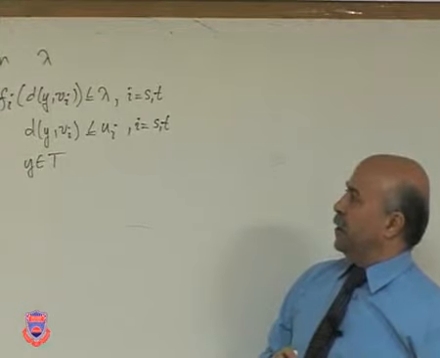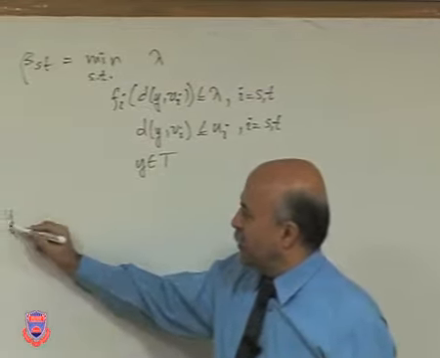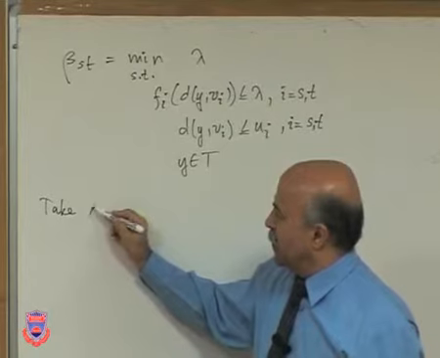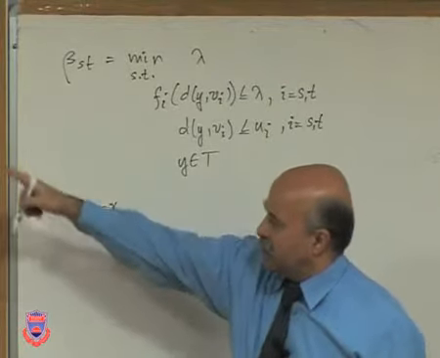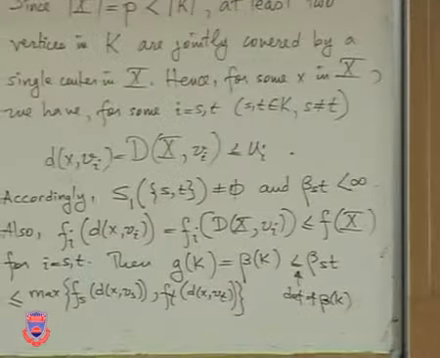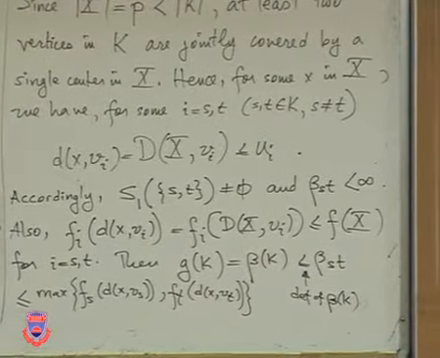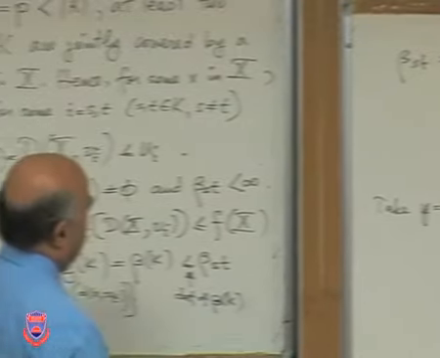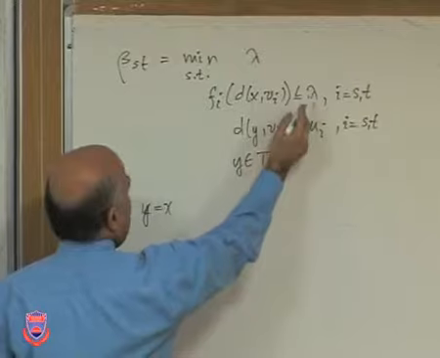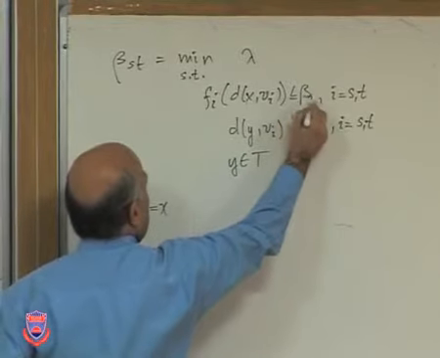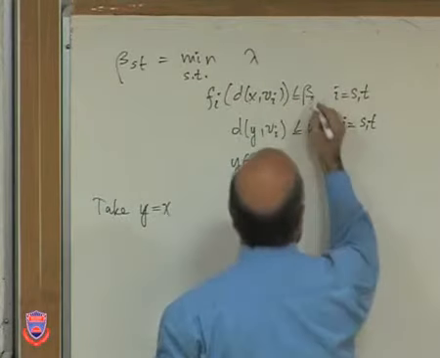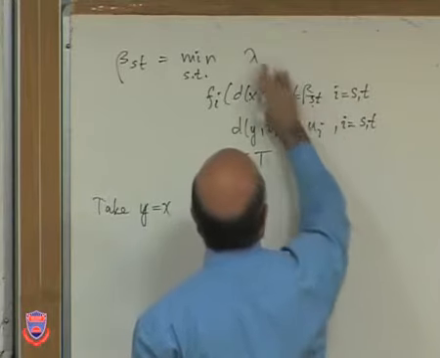So here, when you take y to be x, where x is the particular x that I have under consideration, then, of course, everything is satisfied here. And so the loss values with y replaced by x will certainly be satisfied with beta st, because beta st is the smallest value.